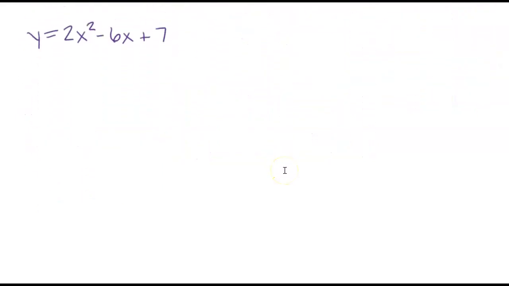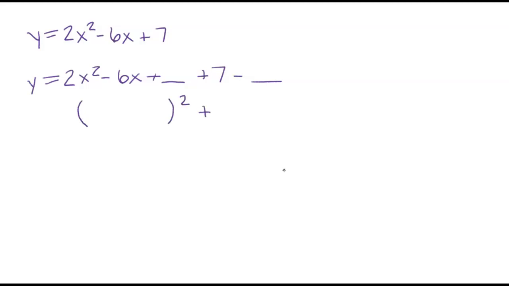By method of completing the square, what we're going to want to find is a number that I can add and subtract to my original general form so that I can get this into something squared plus another number.